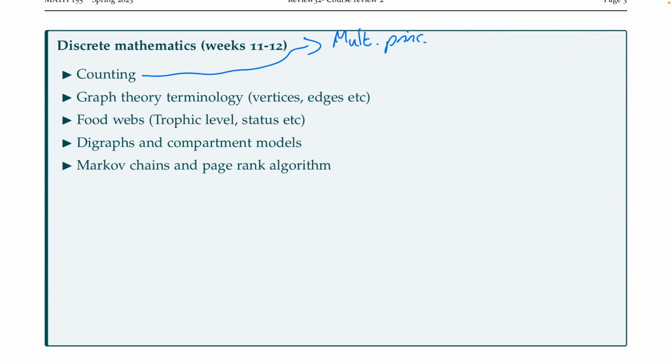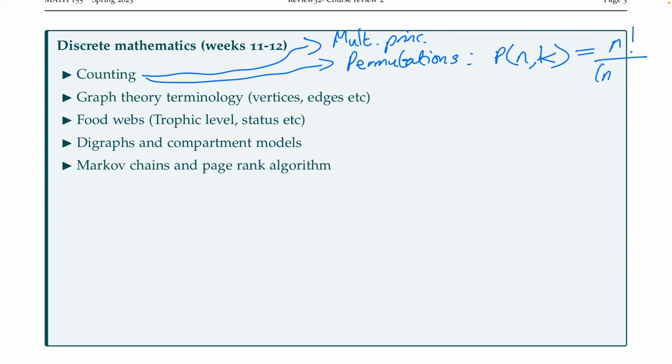So there's the multiplication principle. We also looked at permutations. And so if you have a set of n objects, and you're drawing k of those things from that set, and you care about the order, then you can work this out as n factorial over n minus k factorial.